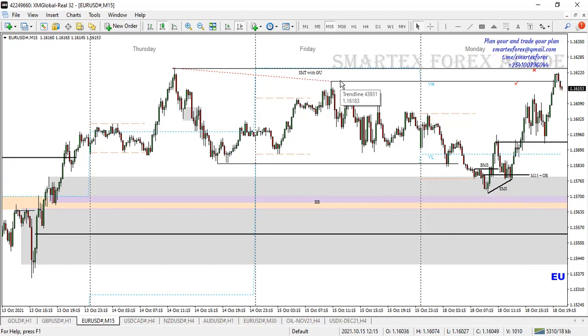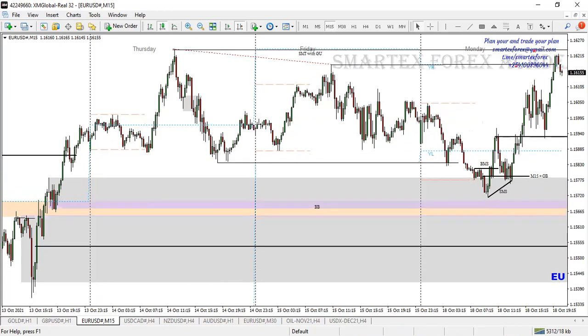Second target, today's high. So if you take two positions from this trade, the first position you book at this one, the second one you target yesterday's high. So this was the first entry, and in the process again we had a BMS.